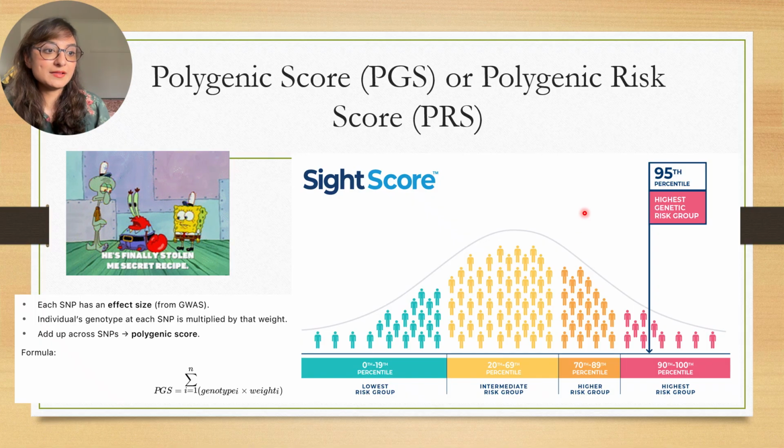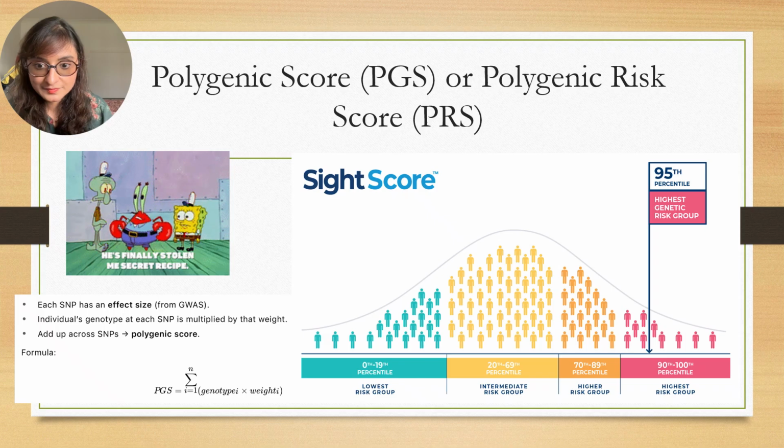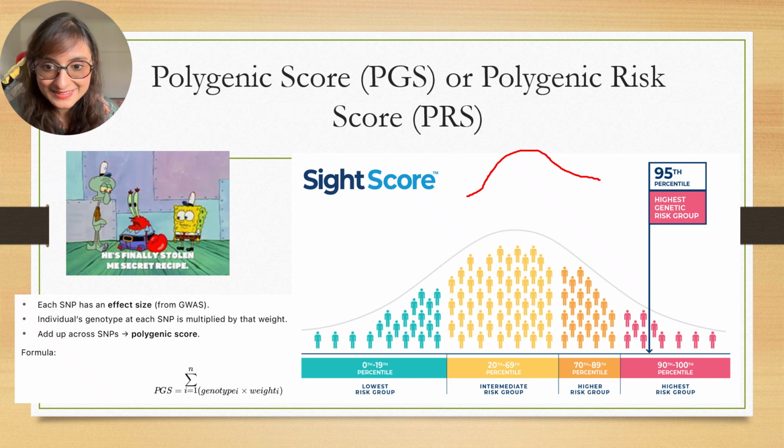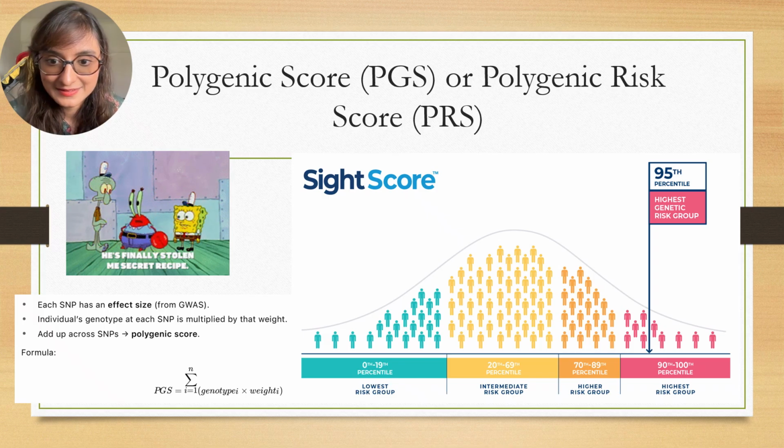So when we compute the polygenic risk scores, we can put them over here, and this is like a standard z-score, where in the middle it's like a bell curve. Oh, I cannot draw. Let me show you, for instance.